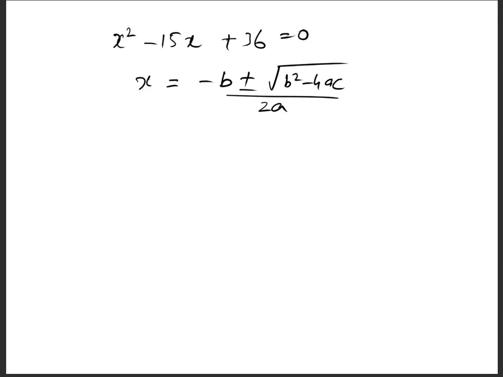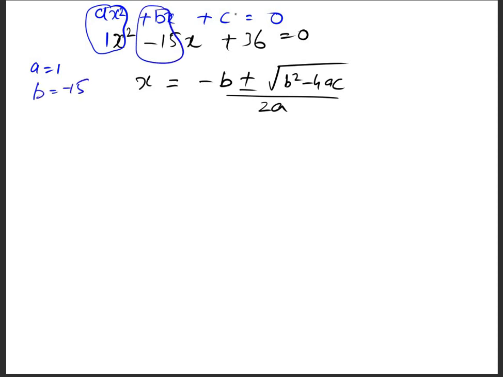Now, what is this a, b, and c? The general form of a quadratic is ax squared plus bx plus c equals to 0. So my a is 1. b is negative 15. And c is 36. Let's put this in here and see what we get.